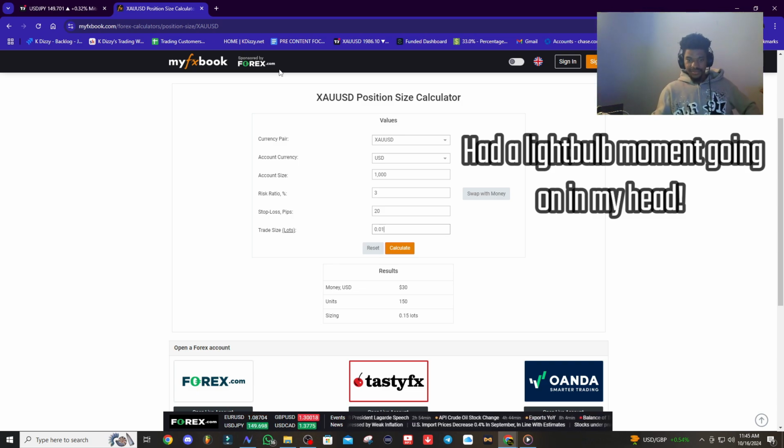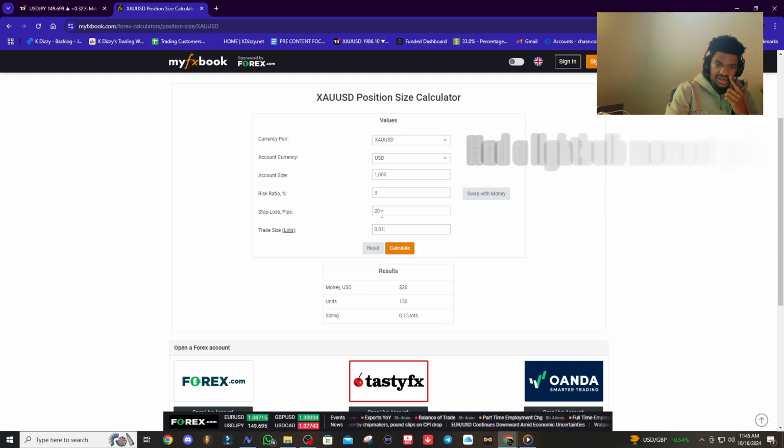Interesting. That is correct. That's correct right there. So that's the one that I'll be using for Forex and things like that, which is the 0.15 lot. I was just doing some math, like 0.15 times 20, which is the stop loss.